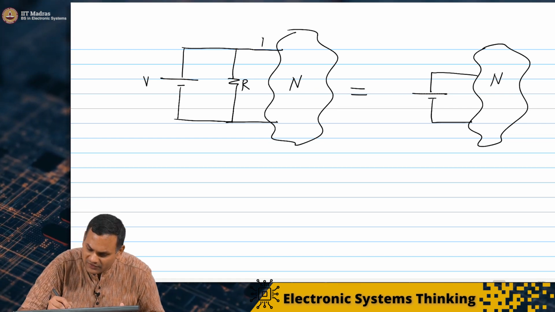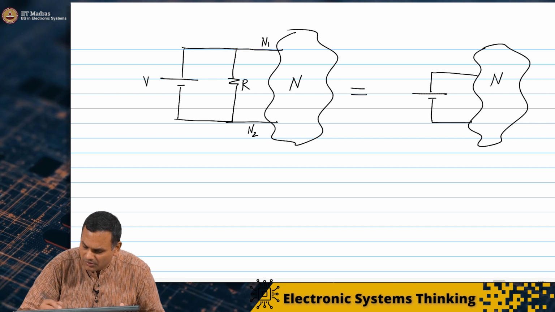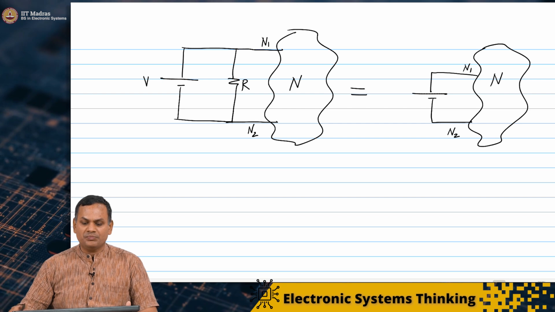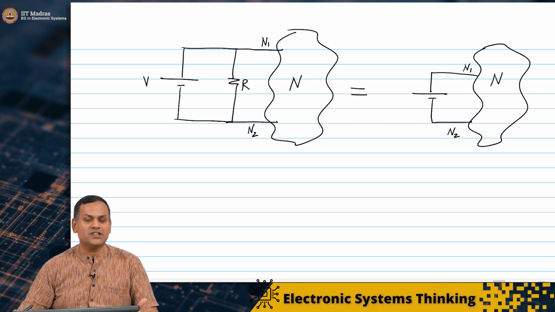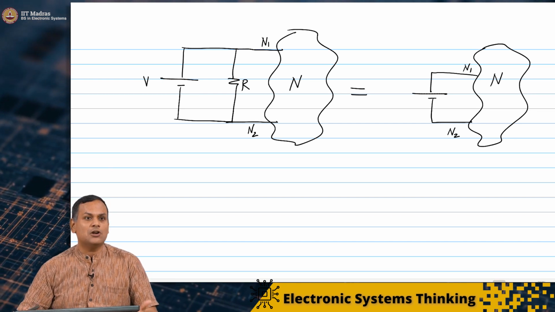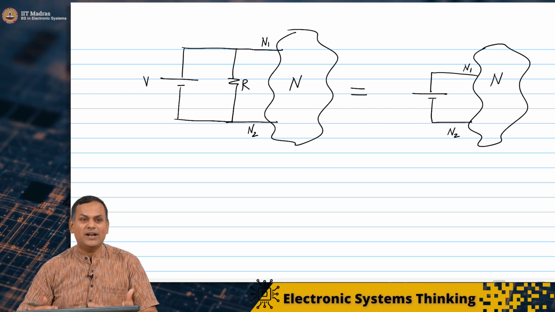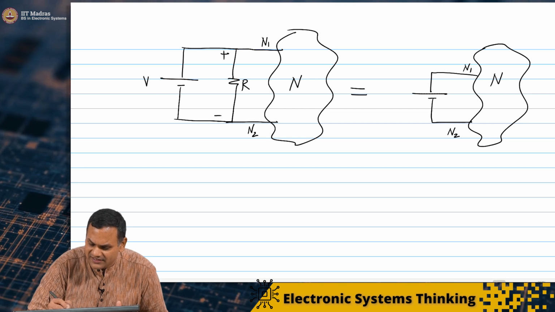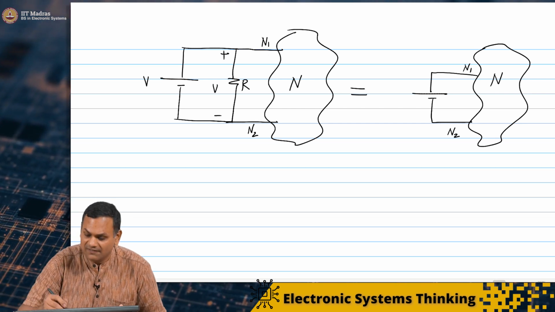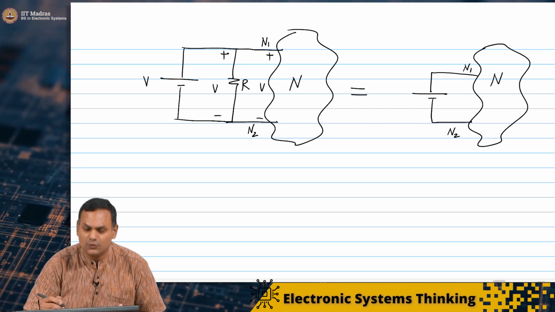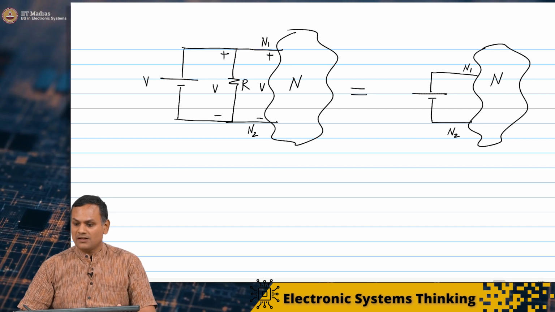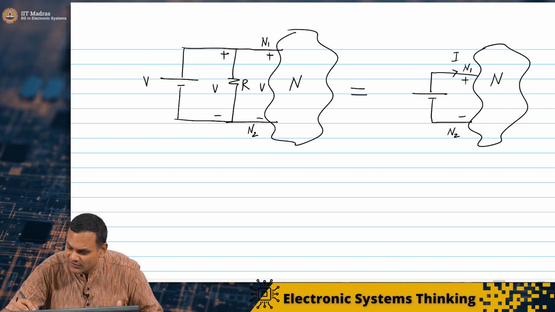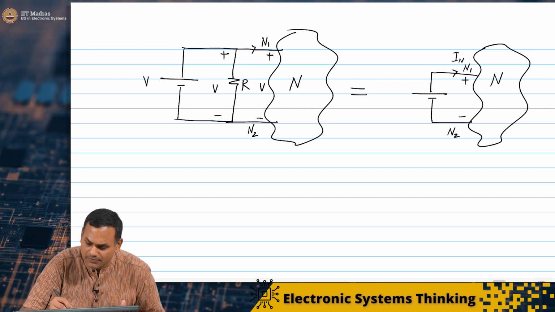So, if I call these nodes some n1 and n2, in other words, a resistance across a voltage source really does not affect the rest of the network. Why do I say this? Very simple, the voltage across the resistance is of course V, the voltage across the network is also V. Therefore, in both cases the current through the network does not change, I will call that IN.